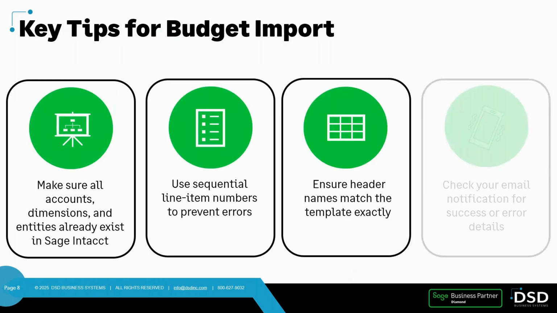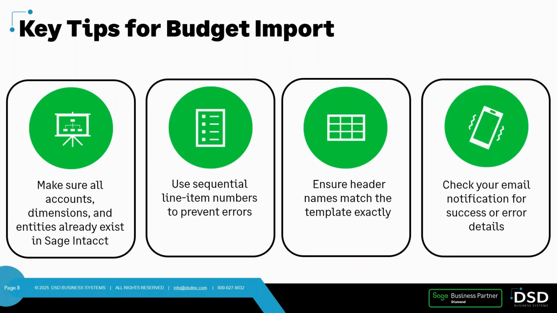Few key tips for budget imports. Making sure that all accounts and dimensions exist, as well as the entities. If they do not, you'll get that error, and you can go ahead and go back and update it in Sage Intacct. Use sequential line item numbers to prevent errors, ensuring your header names match the template exactly.